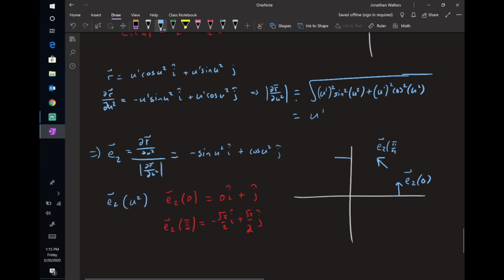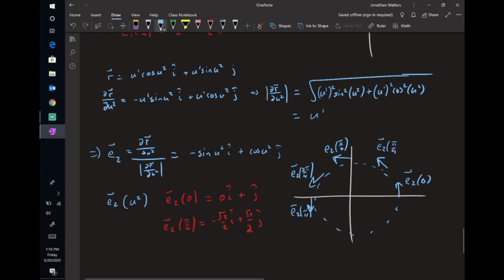So it's just that tangent vector that we talked about previously to the circle. So it's actually tangent to the circle. So this would be E2 of pi over 2. This would be E2 of 3 pi over 4. This would be E2 of pi.